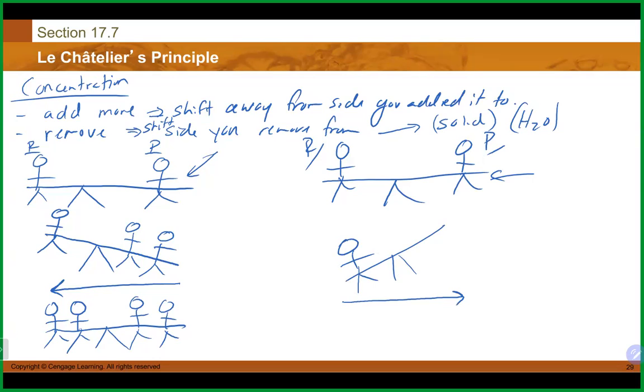We removed it, and it would shift that way. Once again, returning this guy basically to equilibrium. Any questions on that there? So again, I think of removing as like a hole to fill, so it goes towards that hole, and adding goes away from AA. Add away is a good way to remember that.